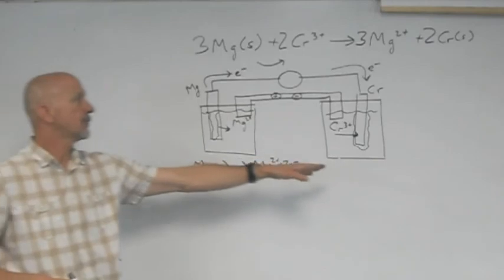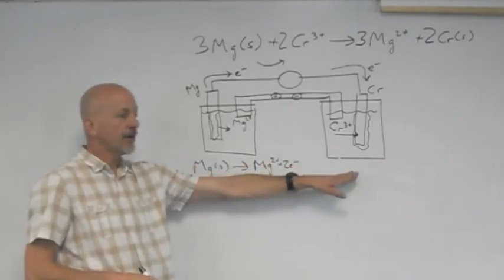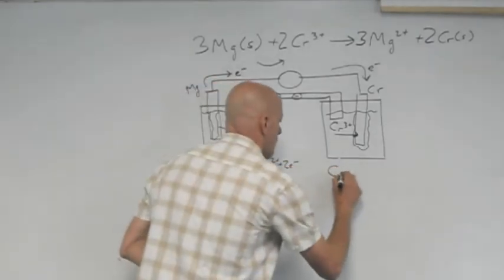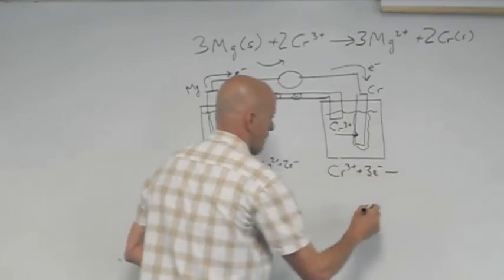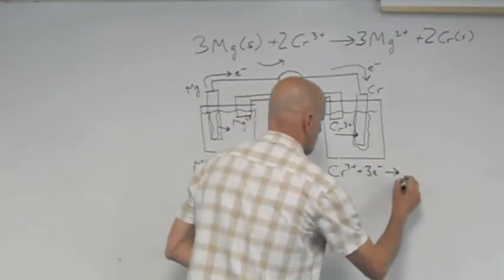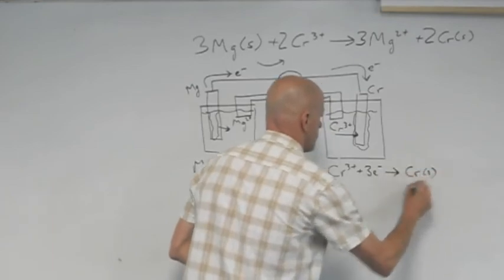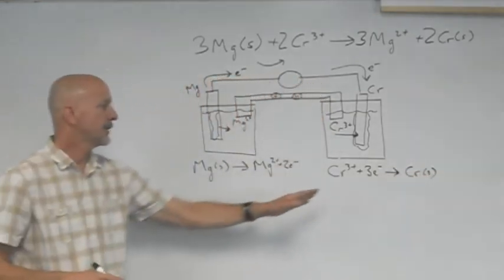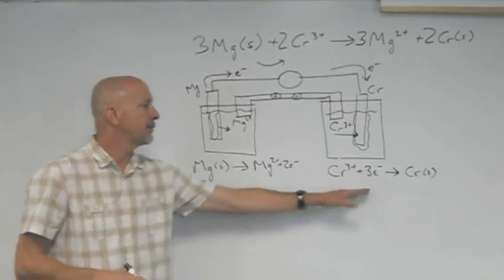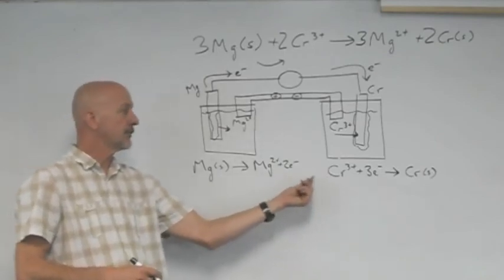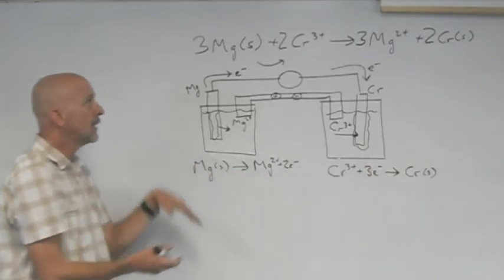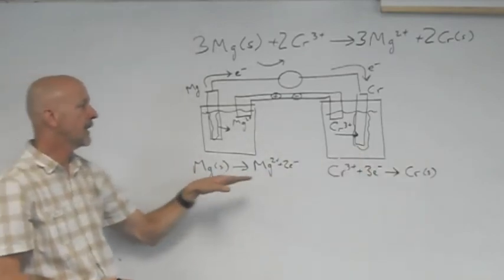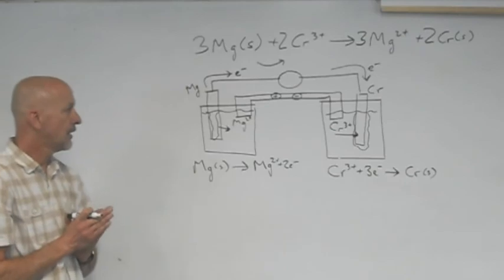My reduction, so chromium is being reduced, it's adding electrons. Here's my reduction half reaction. I don't have to balance these. I can see 2 electrons transferring here, 3 being gained. Of course, when we combine these into one, we balance them out. But I can write the half reactions like this.